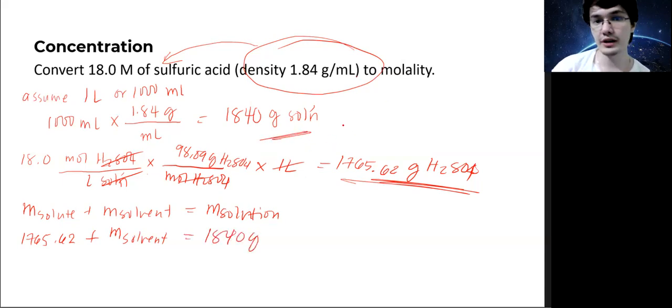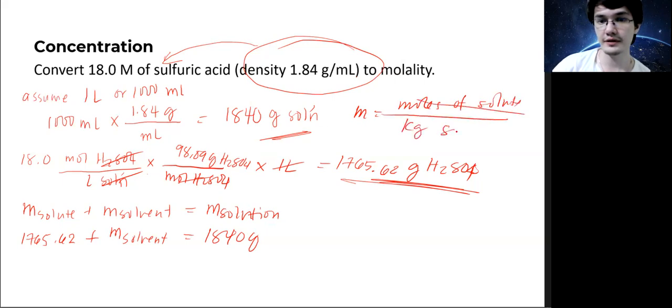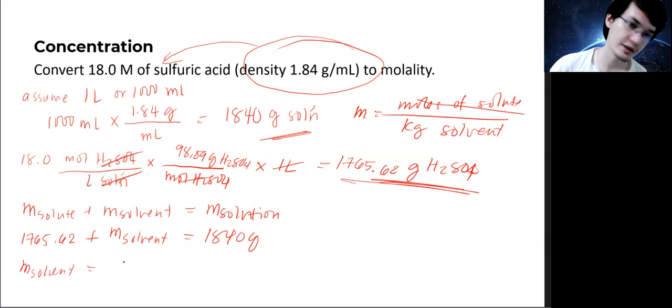We remember that molality is moles of solute over kilograms of solvent. That is what we are looking for. So the mass of solvent is equal to 74.38 grams of water.